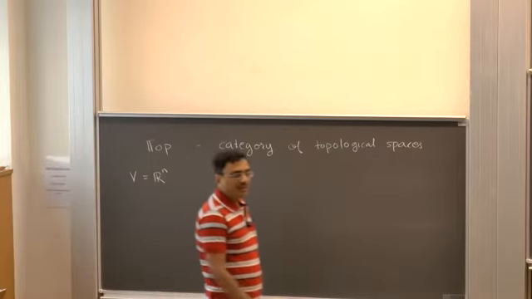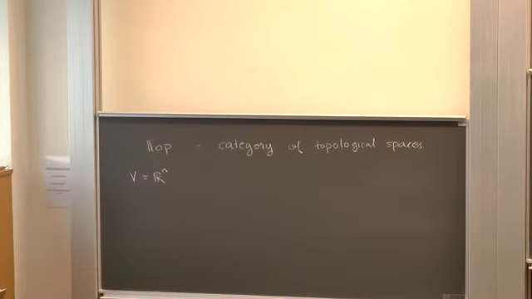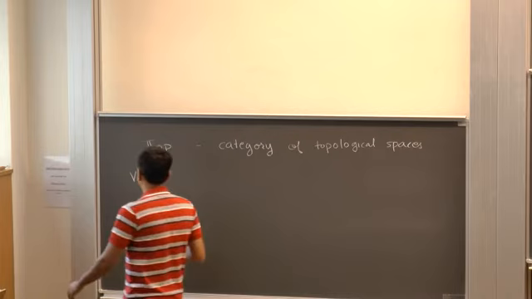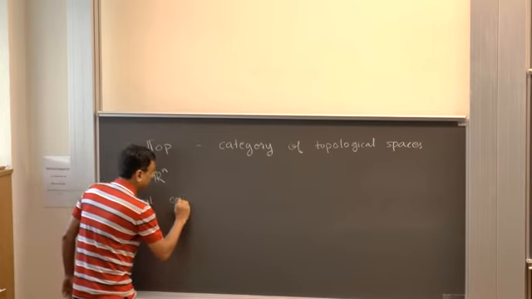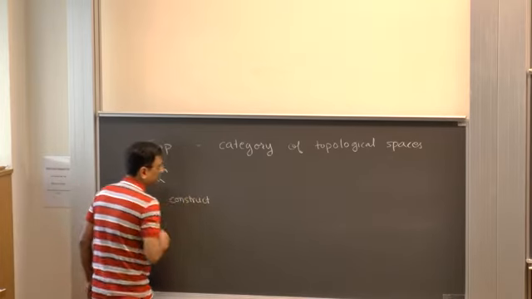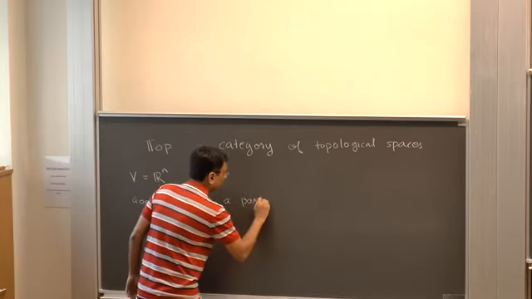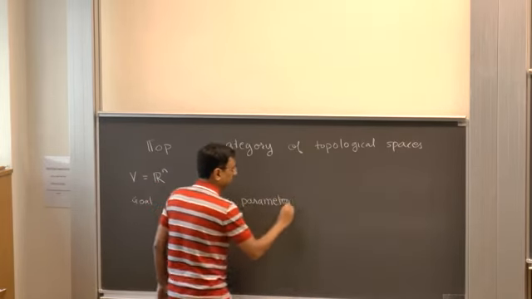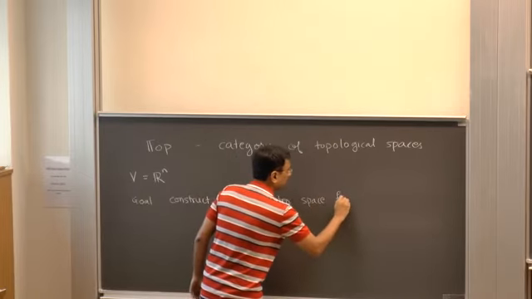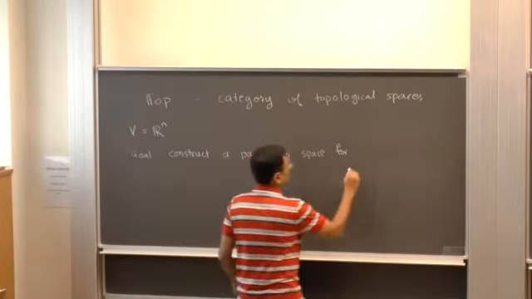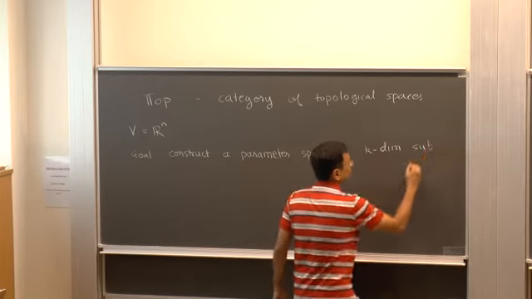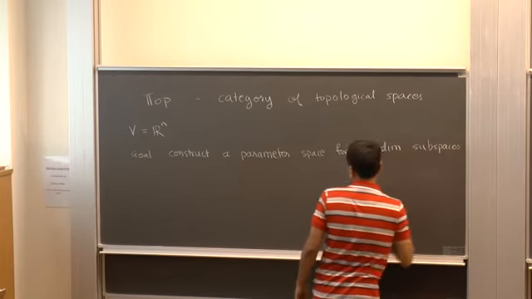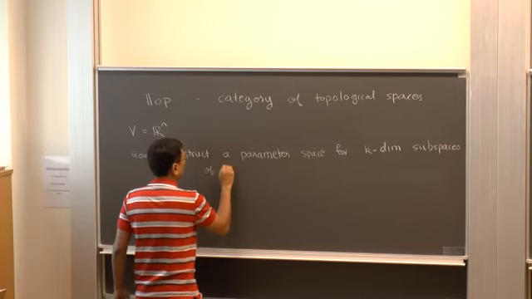I'm interested in studying the parameter space for, say, k-dimensional subspaces of V. So the goal is to construct a parameter space for k-dimensional subspaces of V, where k is an integer.